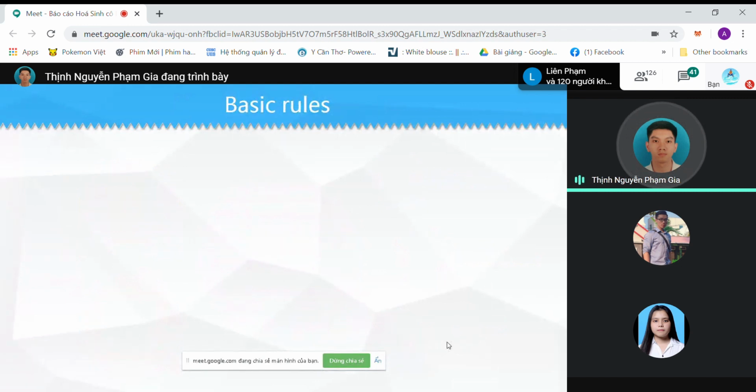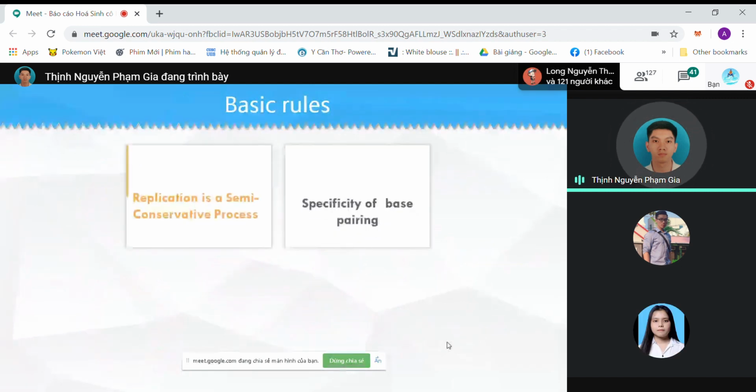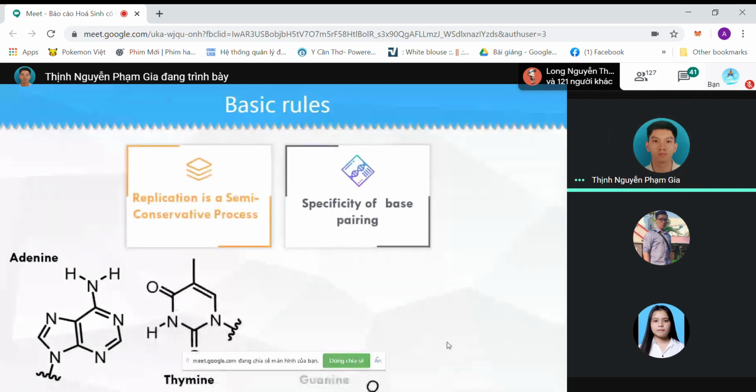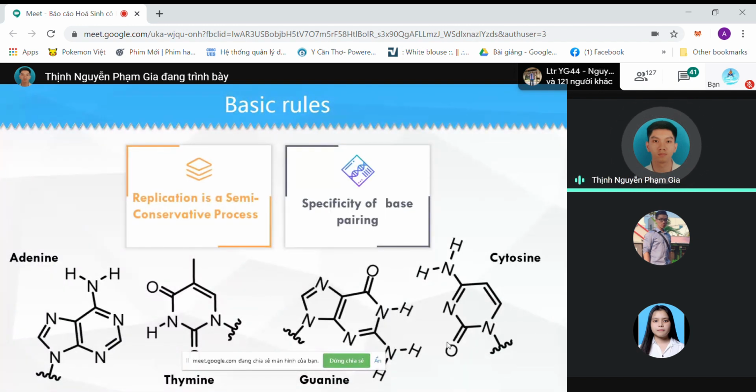There are two main principles to keep in mind. Replication is a semi-conservative process. This means a new DNA consists of one chain from the mother and the other is a complementary new chain. The second is the specificity of base pairing.